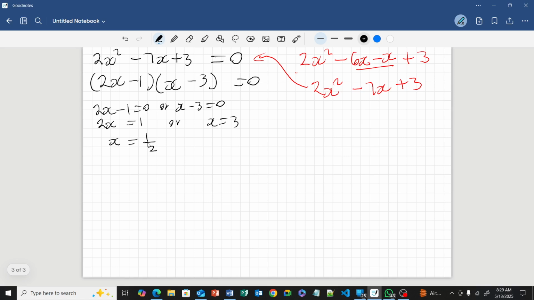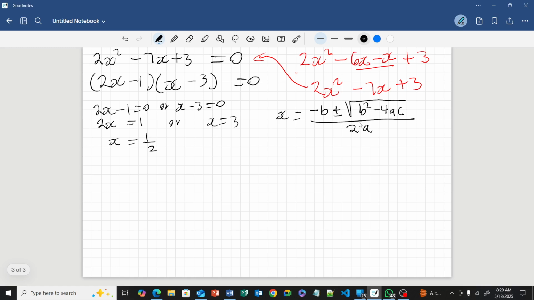You can still use the quadratic formula. Remember, the quadratic formula says x equals minus b plus or minus the square root of b squared minus 4 multiplied by a multiplied by c, divided by 2a.